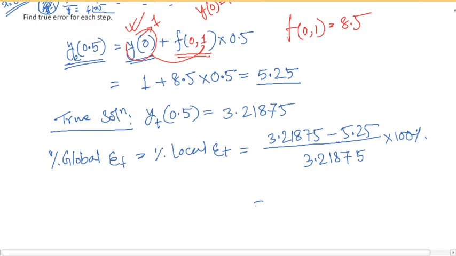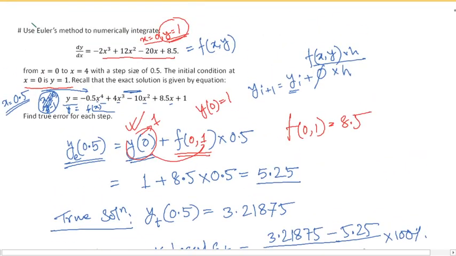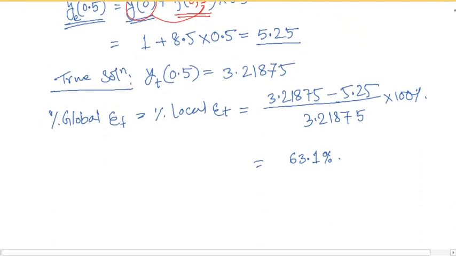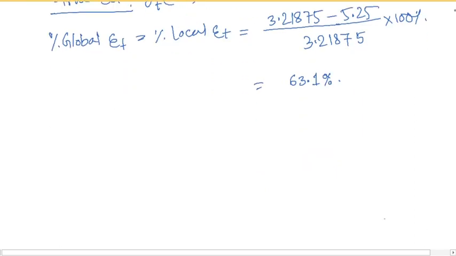This is 63.1% error. Think about it: we are using Euler method, a linearized, constant slope throughout the function.